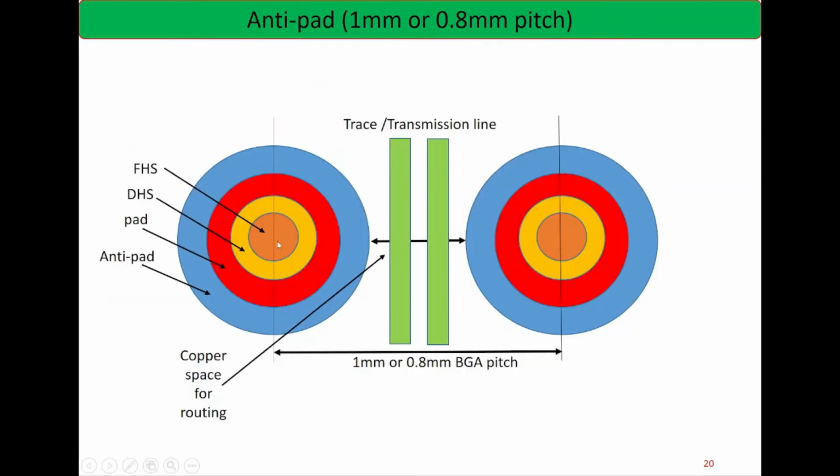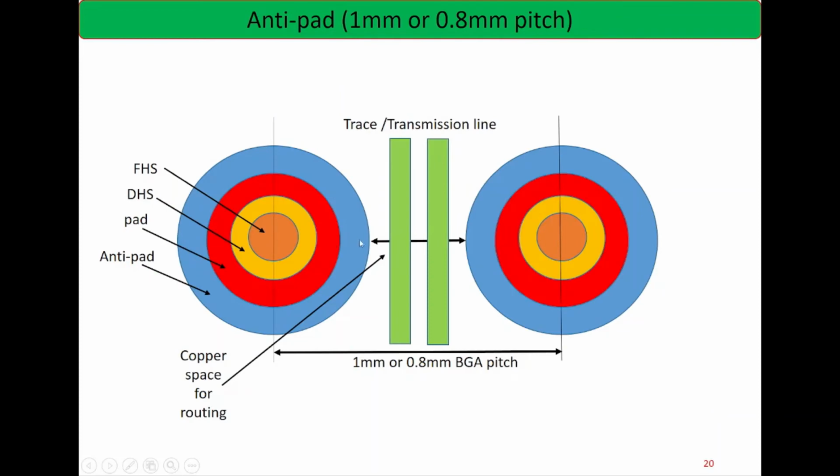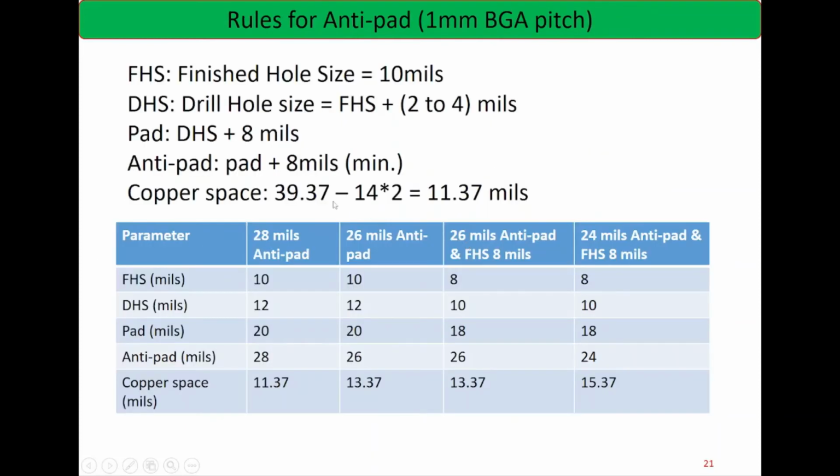So you have a total of 39.37 mils from this point to this point. But from here to here it is 14, and from here to here it is 14. So we take 14 into 2 out of 39.37 available space, and you will have 11.37 mils for copper spacing.